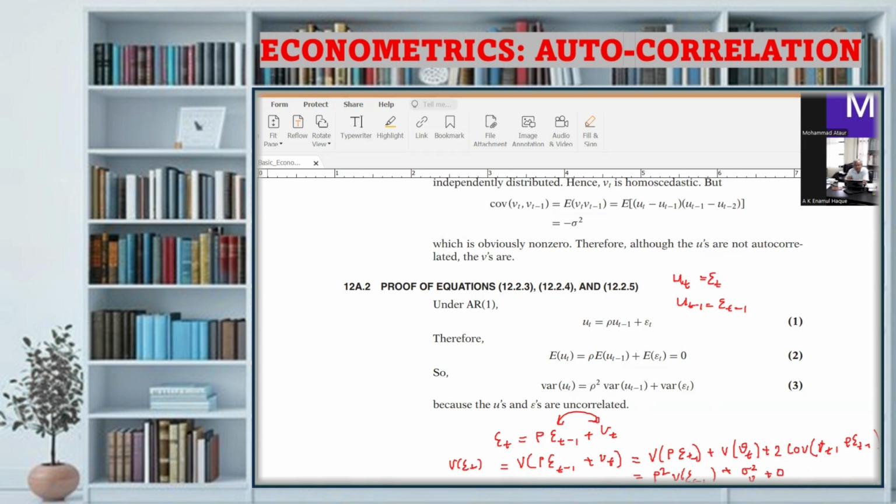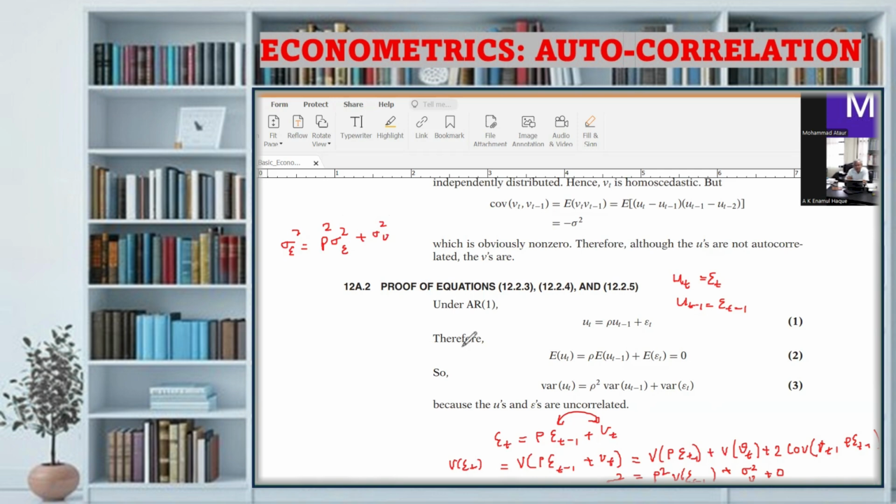So what I have now on the left-hand side is sigma square epsilon. So sigma square epsilon is equal to rho square sigma square epsilon plus sigma square nu.